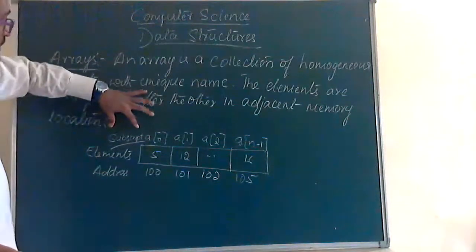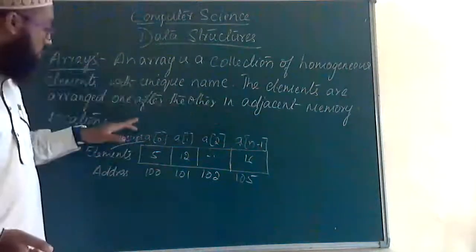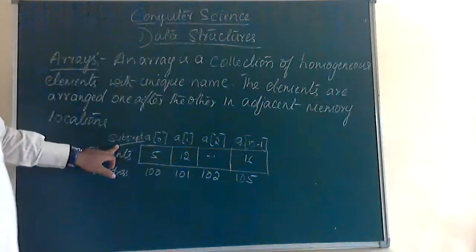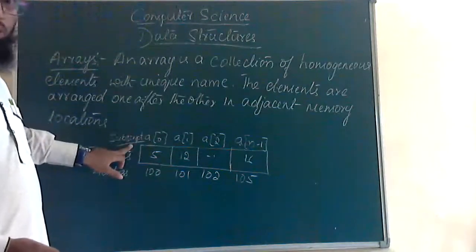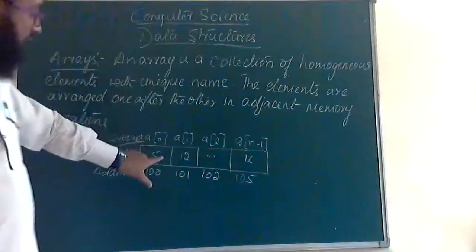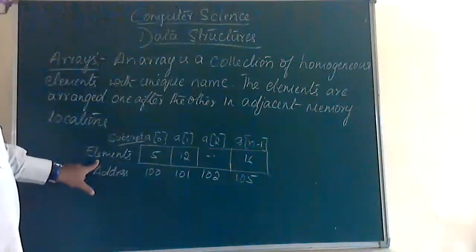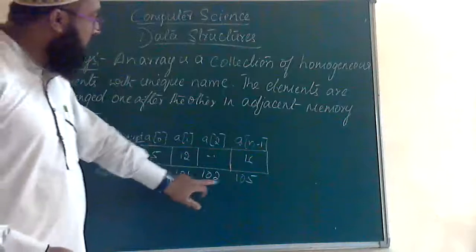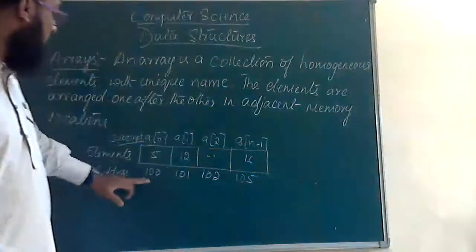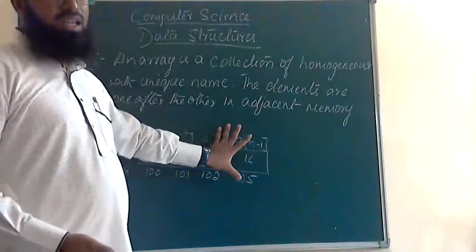The representation of an array can be done by the index or indices, also known as subscripts. The value given to represent an array element is the subscript, and the data items included in an array are called elements. The locations where the data items of an array are stored we call the address. Like this we can represent the array.